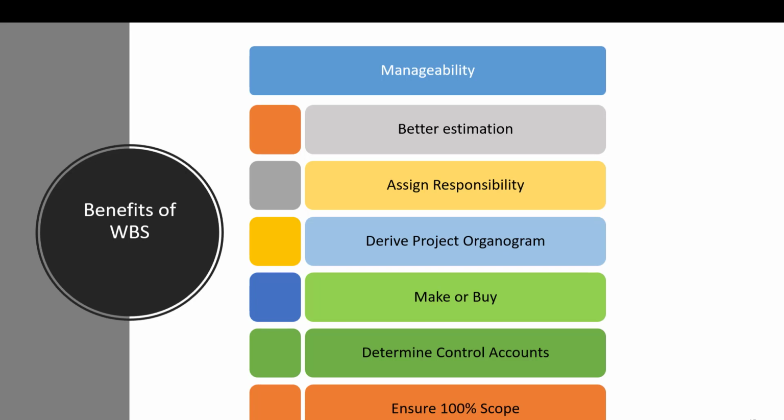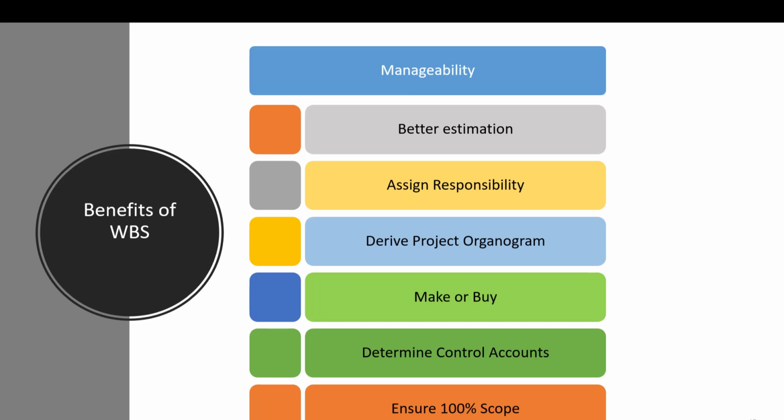And also, complex projects may result in hundreds of work packages. So a disciplined WBS approach helps the project manager to identify control accounts. Again, it is a big area. We'll discuss more in detail later.